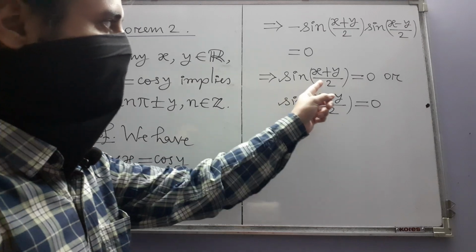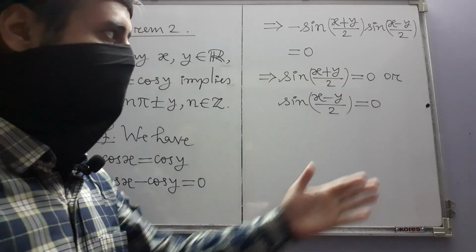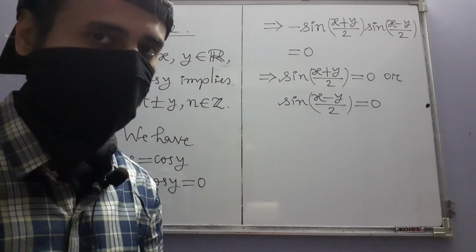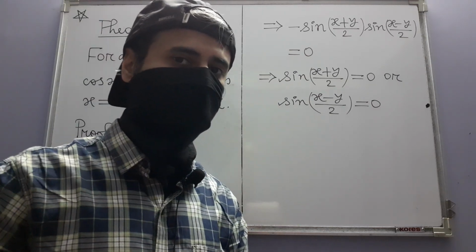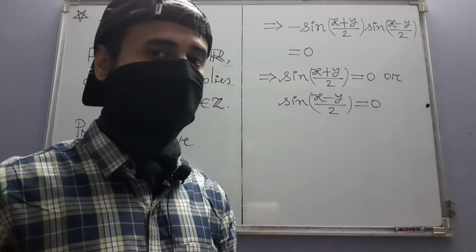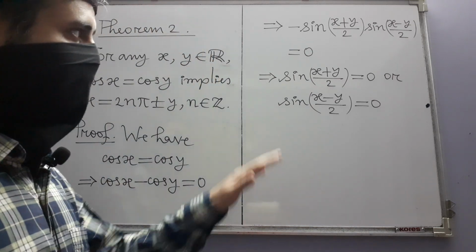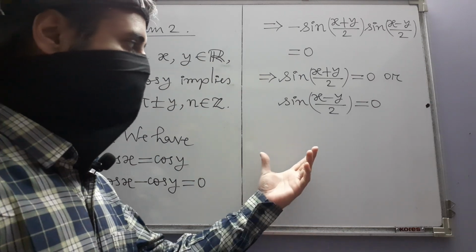That means in this or, and is also included. That's why it's called inclusive or. When you see some statement in mathematics which is an or statement, this type of statements are called disjunction. You have to understand that it really means this.